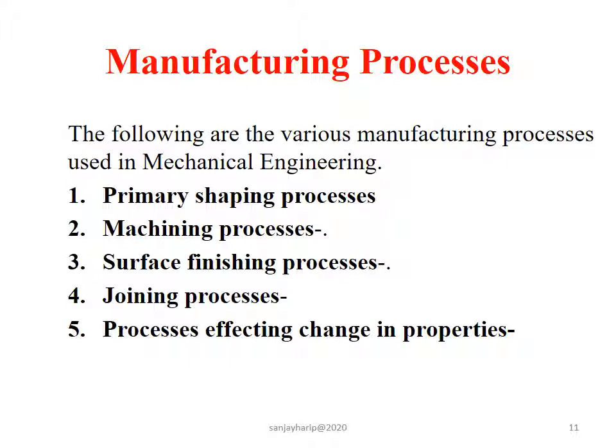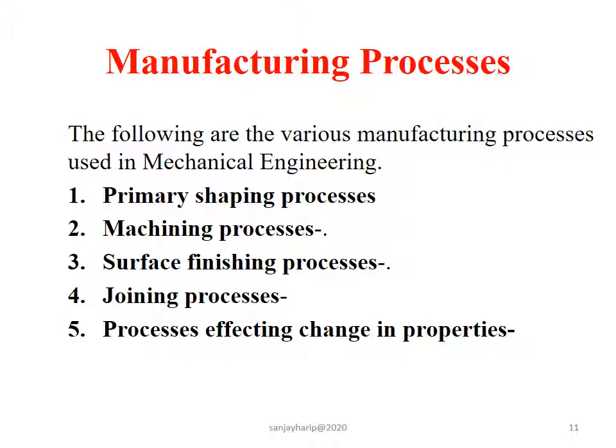Next process, joining processes. These processes are used to join components. They are welding, riveting, soldering, pressing, screw fastening. And the last process, the process affecting the change in properties.